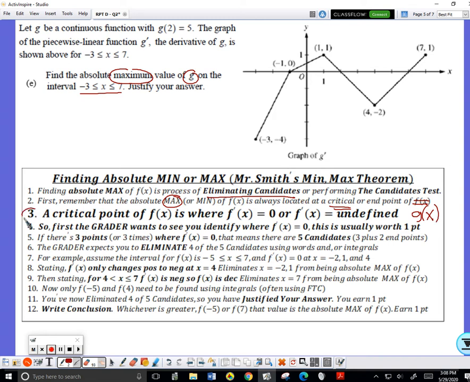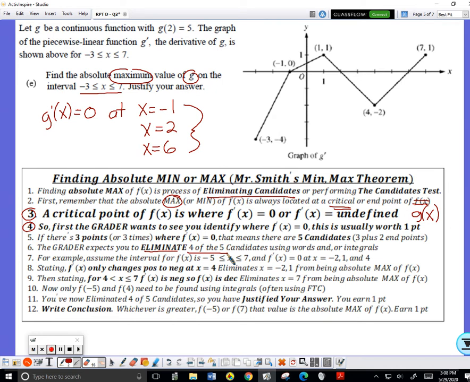So right here, steps 3 and 4, we write down on our paper g prime of x is equal to 0 at x equals -1, x equals 2, and x equals 6. So we have 3 interior candidates and 2 endpoint candidates. Therefore, we're going to have to eliminate 4 of the 5 candidates somehow.